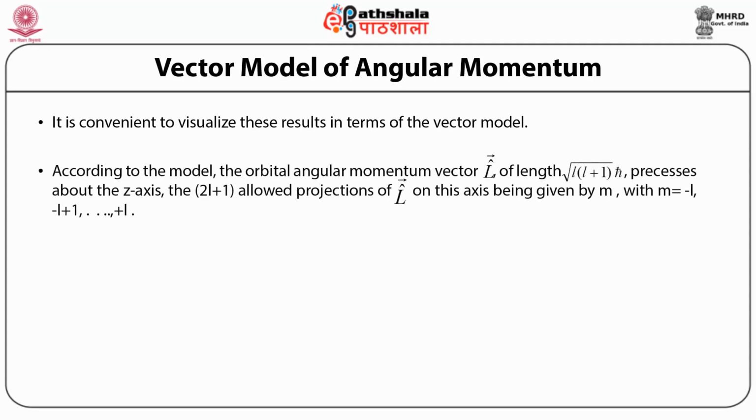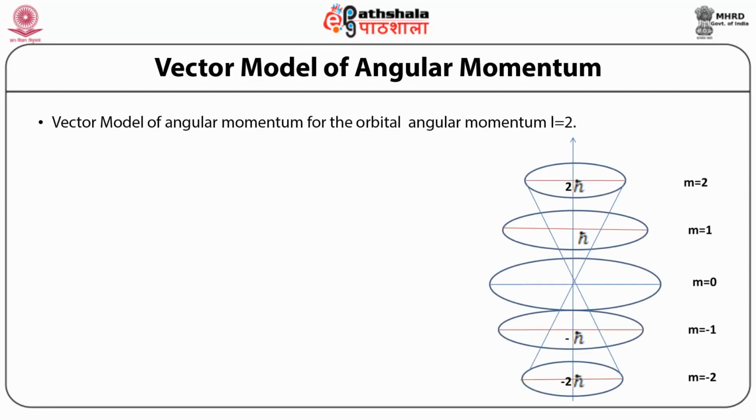According to the model, the orbital angular momentum vector L of length given by the square root of l(l+1) ħ precesses about the z-axis. The 2l+1 allowed projections of operator L on this axis are given by m, where m can take up the values −l to +l.